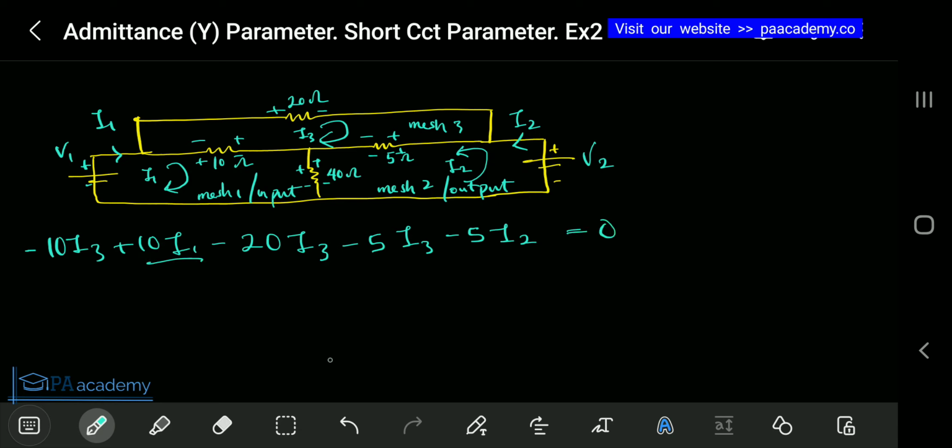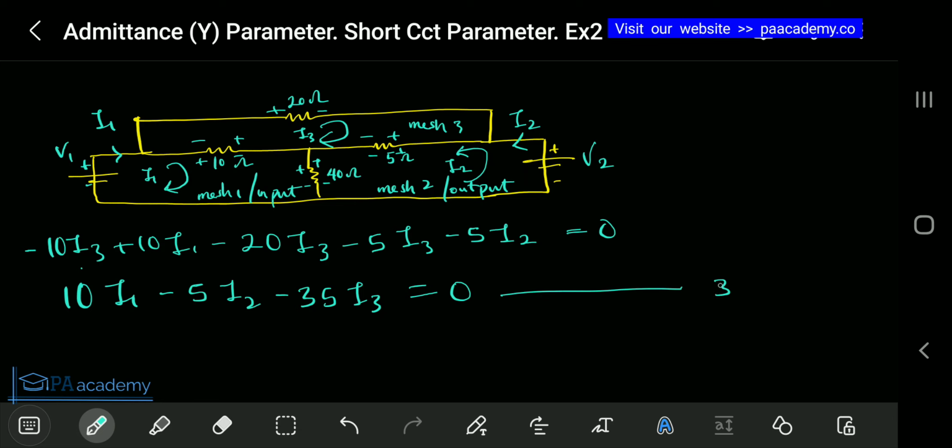This is the only I1 we are having here, so that will be 10i1. What about I2? This is the only I2, minus 5i2. So I3, this is I3, this is I3. So minus 10, minus 20, and minus 5. So that's minus 35i3 equals to 0. Exactly. So let's still go ahead and put this as our equation 3.